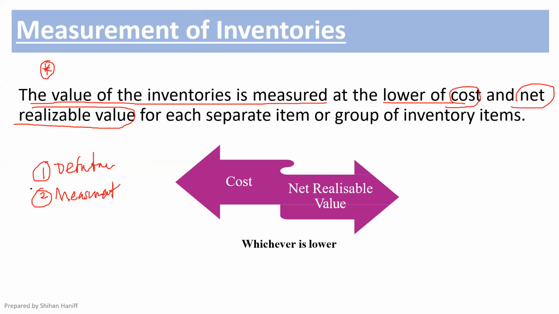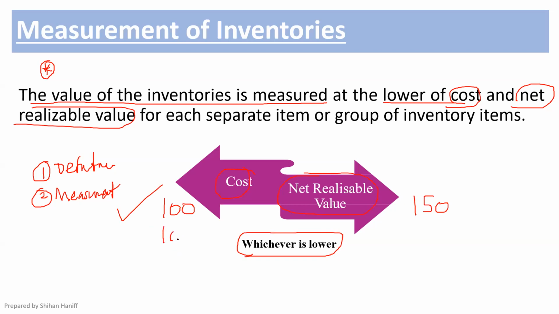Right? So we always measure the inventory at whichever is lower of cost and NRV. Let's say the cost is 100 and NRV is 150, then you take cost into the accounts.